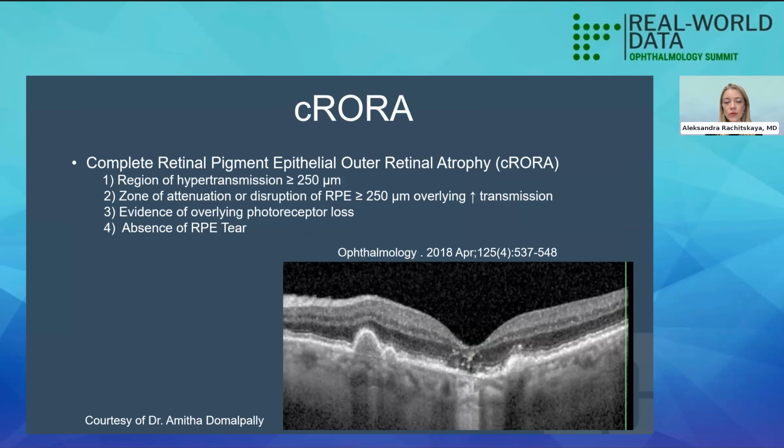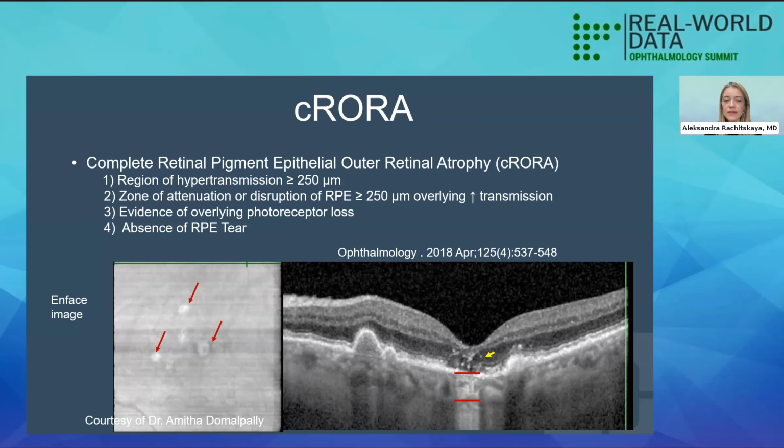And as I mentioned, when we think about cRORA, that is the region of hypertransmission that is more than 250 microns.